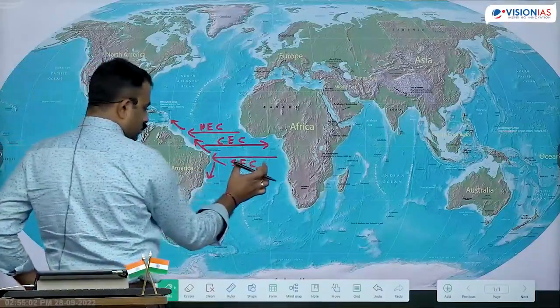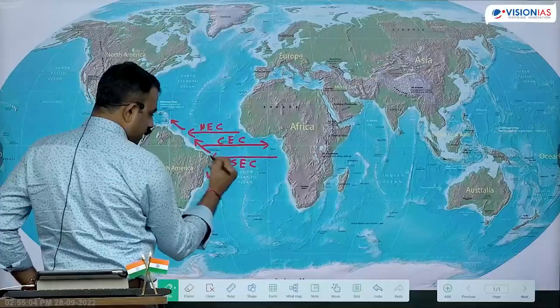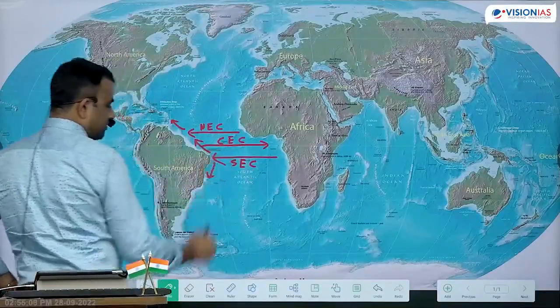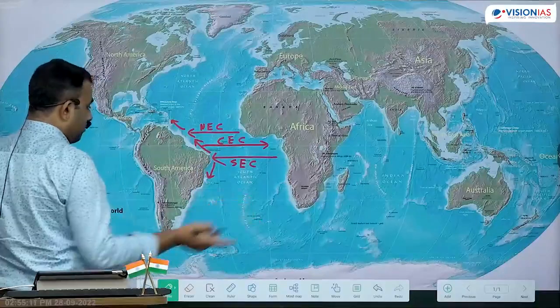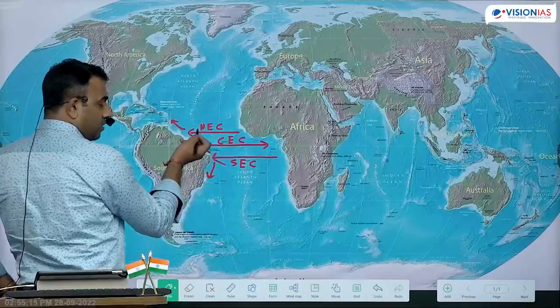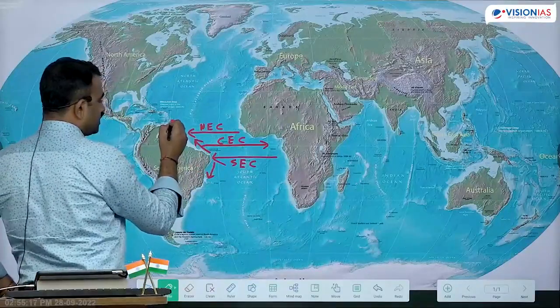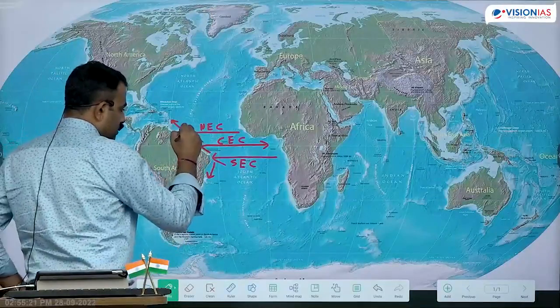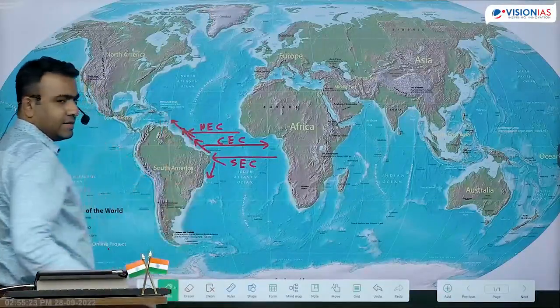Okay, south equatorial current का part, it is hitting this part. It will get bifurcated into two parts. Now the combined water of the northern part of south equatorial current as well as the north equatorial current will move towards the Caribbean islands.